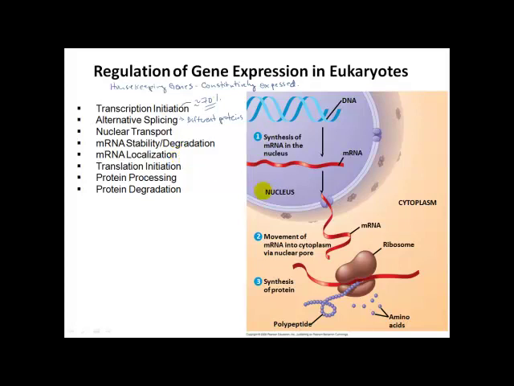In other words, once they're transcribed, they're actually physically transported to a specific location within the cytoplasm and tethered there. And then finally, at the level of the mRNA, we can regulate the interaction between that mRNA and the ribosome, such that we're regulating the initiation of translation, and therefore we're regulating how often this protein gets synthesized by the translation of this mRNA at the ribosome.